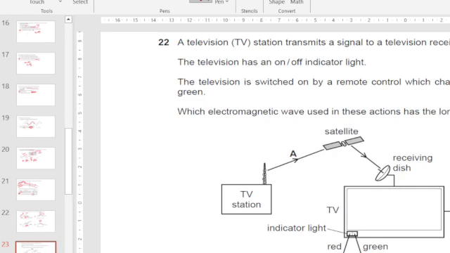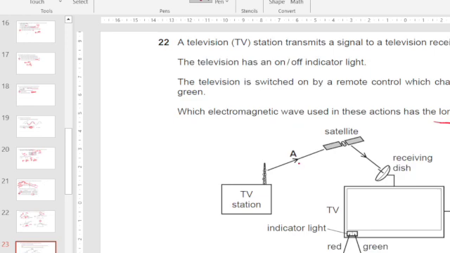And question number 22. A TV station transmits a signal to a television receiving dish. The television has an on-off indicator light. The television is switched on by a remote control which changes the indicator light from red to green. Which electromagnetic wave used in this action has the longest wavelength?